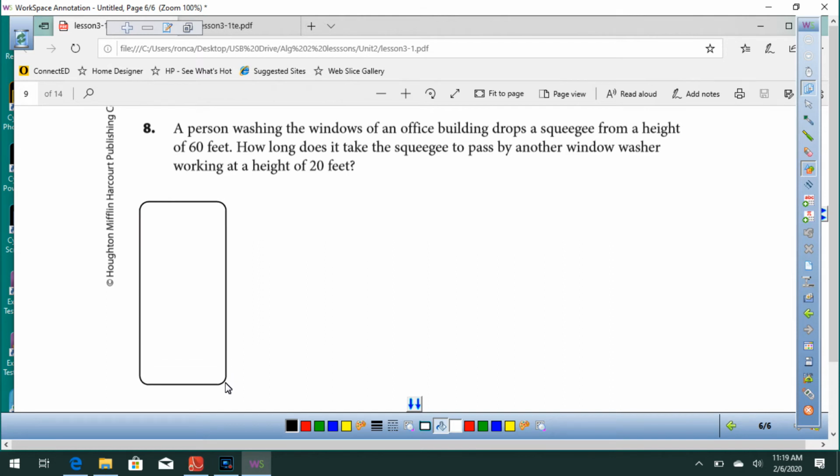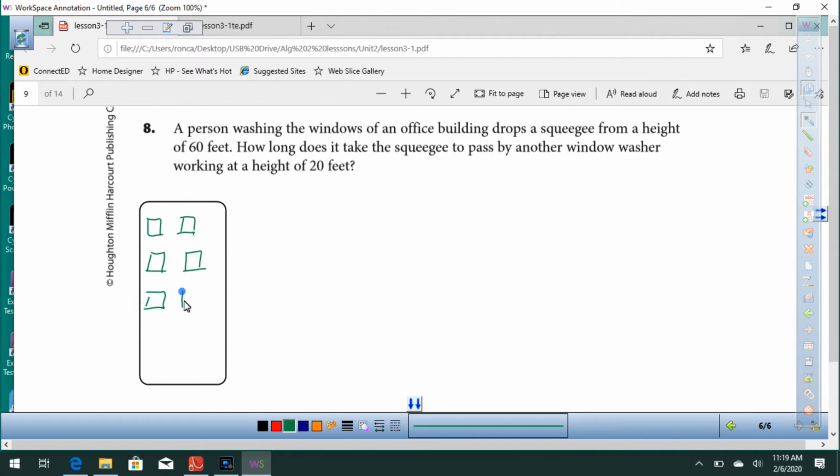All right. And with the building, well, they're washing windows, so we need some windows. And let's get us some windows. Some of them are a little bit bigger than others.